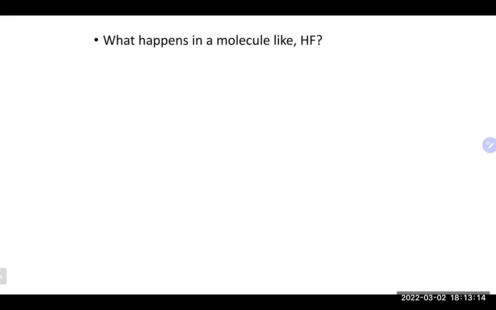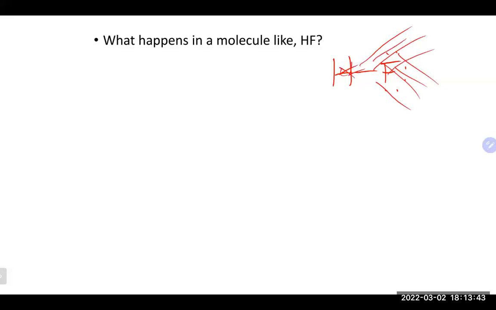Now, what happens if we switch out and put a hydrogen with a fluorine? Between hydrogen and fluorine, the more electronegative element would be the fluorine, since it is the most you could have. And what will end up happening is we will get a lot more of the electrons coming towards the fluorine side.